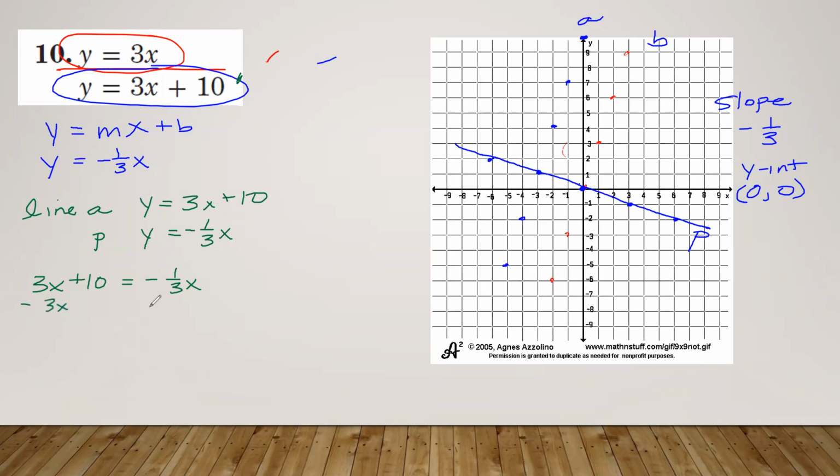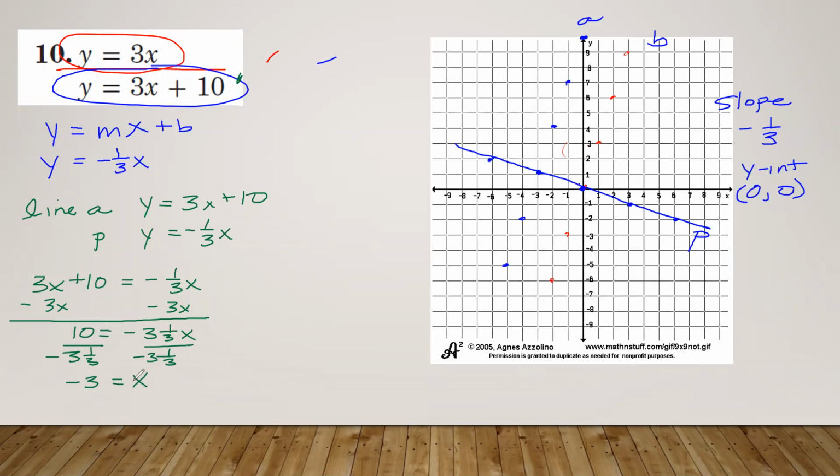So I would subtract 3x from both sides, and I would end up with 10 equals negative 3 1/3 x. I would divide both sides by negative 3 1/3. So when you divide that out, you end up getting negative 3 equals x, okay?